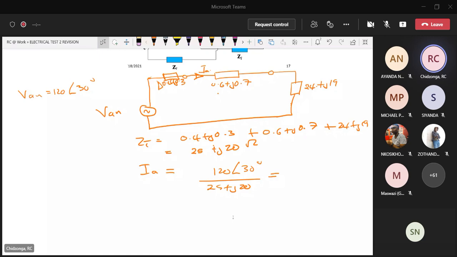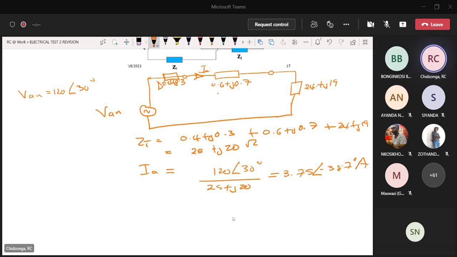So can you give me that number? 3.75 at angle negative 38.66. All right, so this is IA.